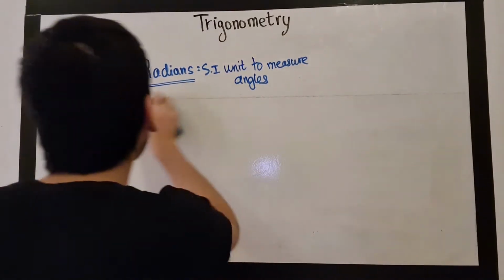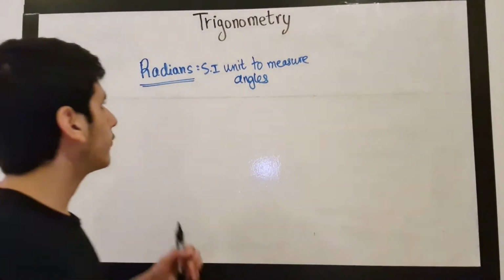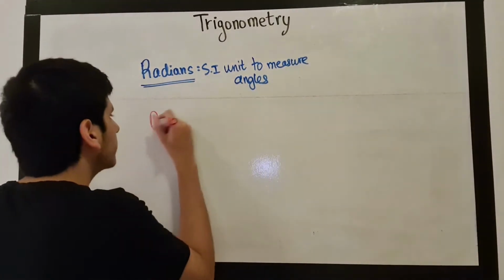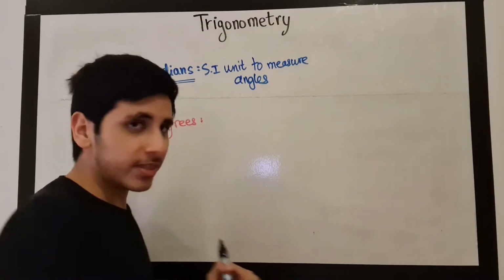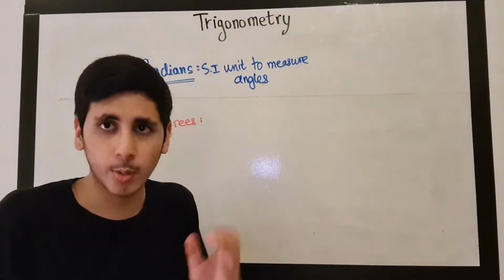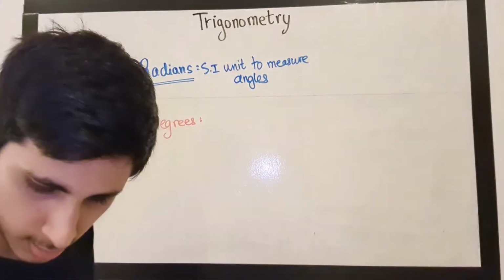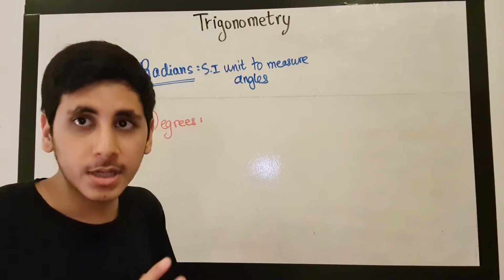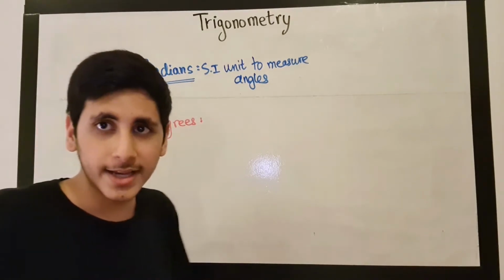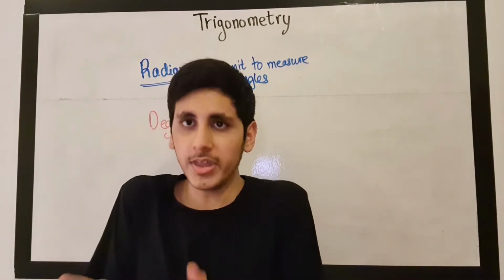Now we have understood radians and we have understood degrees. You might be thinking, both of them measure the same thing, an angle in a shape or in a circle, so wouldn't there be a relation between the two? Any 2 units measuring the same thing have a relation.